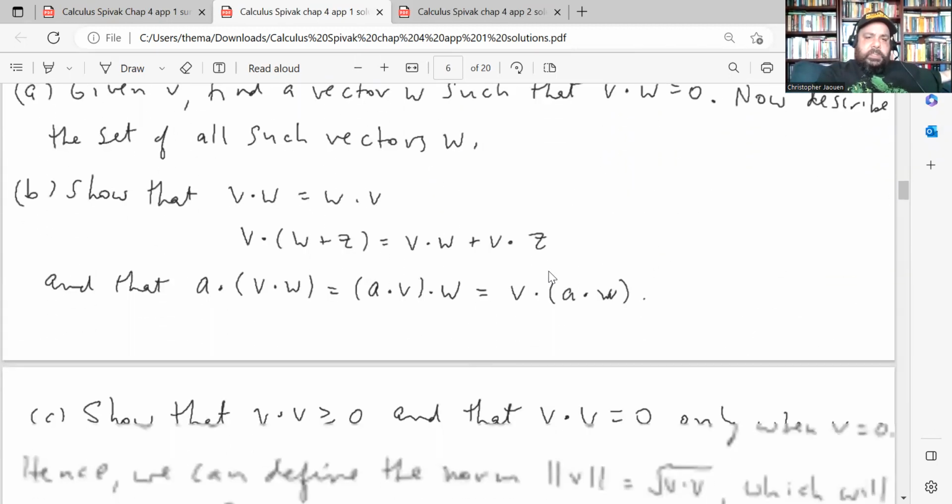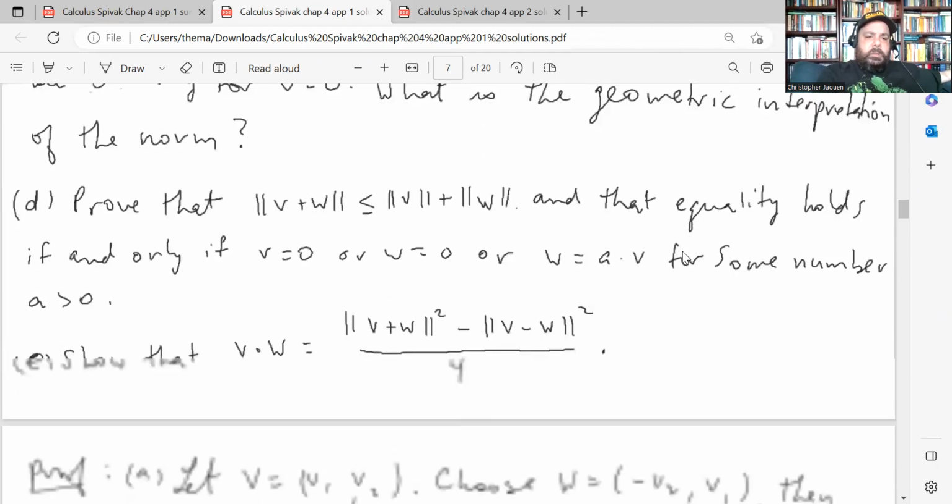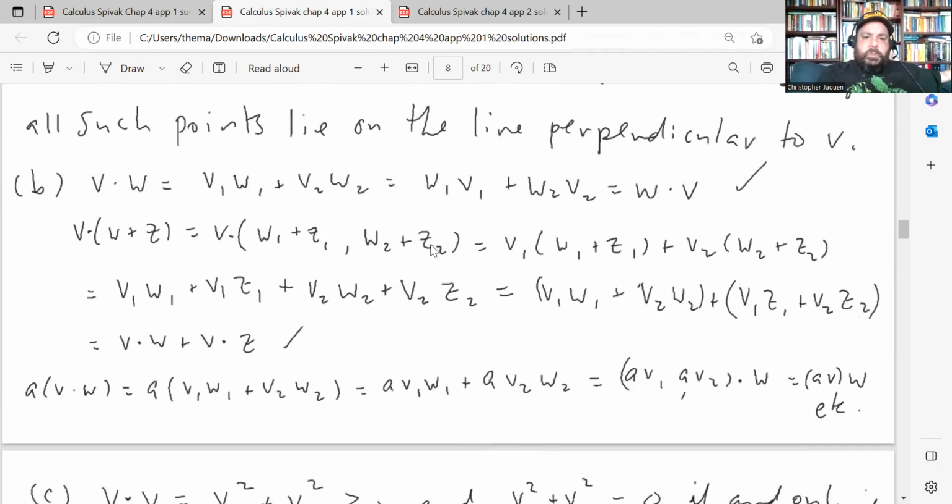Part B, show that V dot W equals W dot V, so commutativity. He also wants us to show that there's a distributive law and an associative law for scalar multiplication as well. Here I'm just using the coordinates to do that, really very straightforward. Use the commutativity property of real numbers to do that.